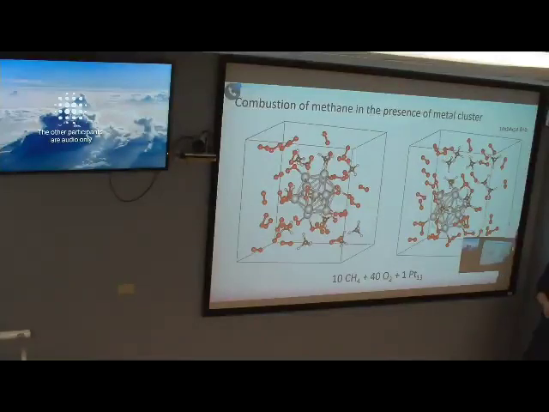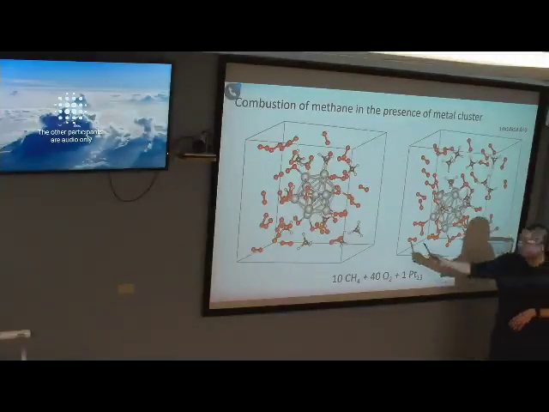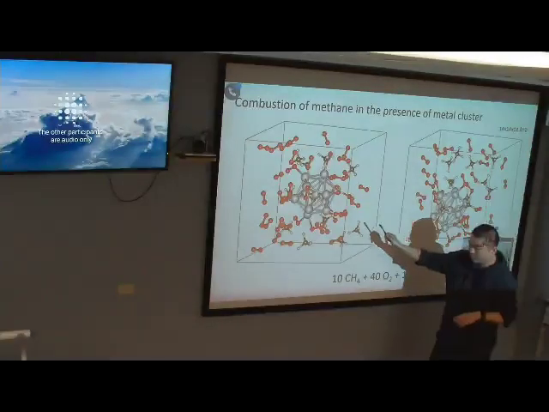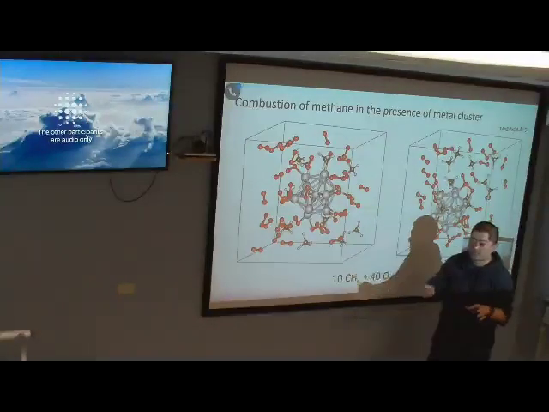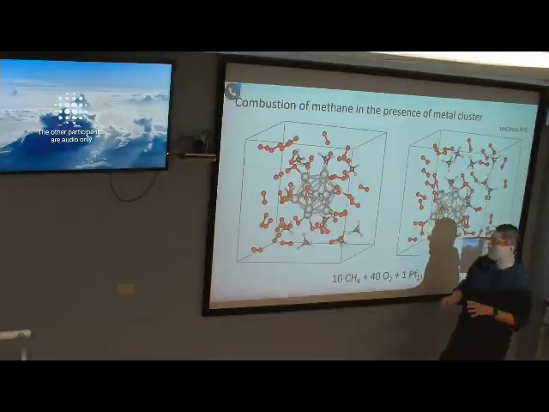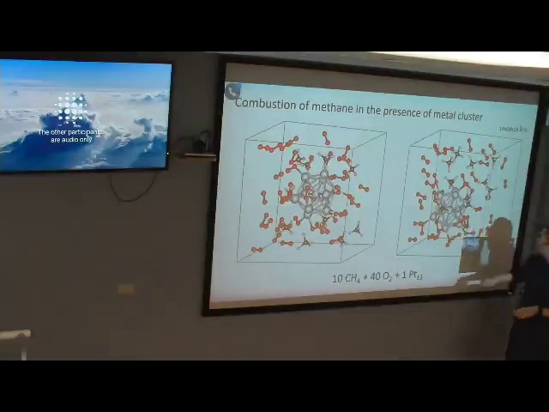Even though we have periodic boundary conditions, these two configurations are quite different. Because for this one, methane and oxygen are evenly distributed in the simulation cell. And here, the methane molecules are confined in a certain area, and oxygen is distributed evenly.